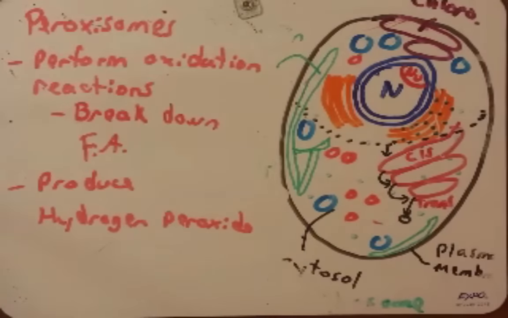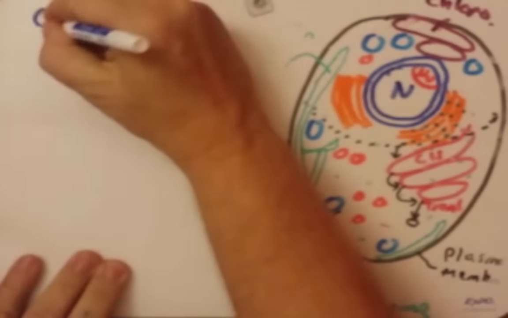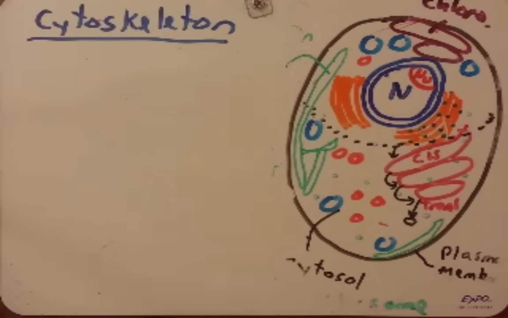And the next thing I want to talk about is the cytoskeleton. It's not an organelle because it's not surrounded by a membrane, but the cytoskeleton is a very important cellular structure.